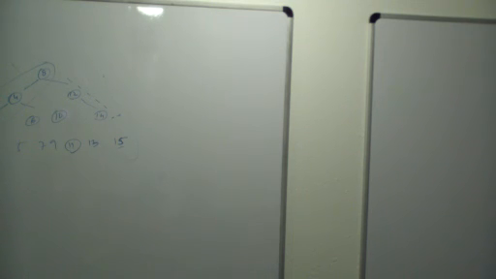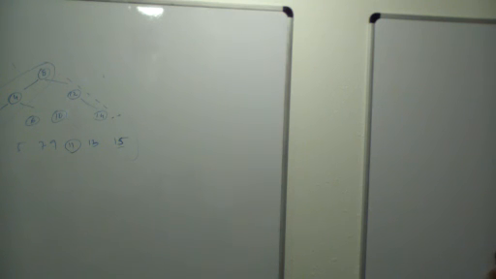Just traverse. So how are you traversing? Left first or right first? Left and right is easy. The way we call the find function right now, root dot left, pre-order, it will keep on going towards the left. But you only need to traverse once.